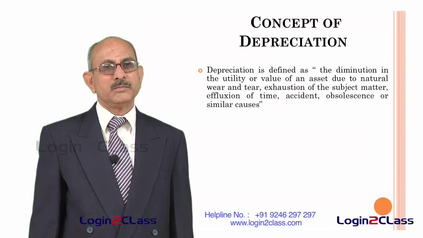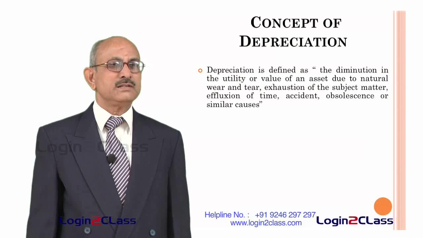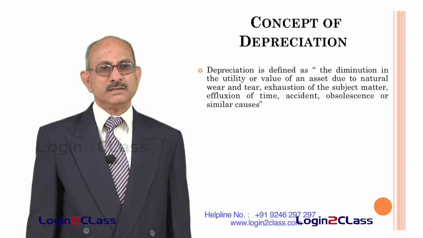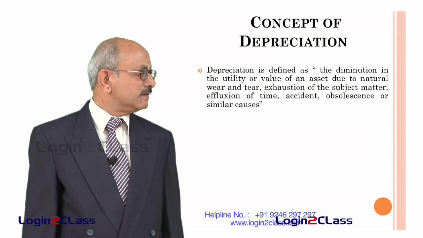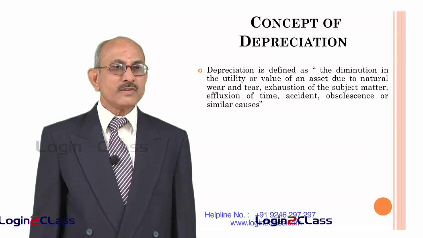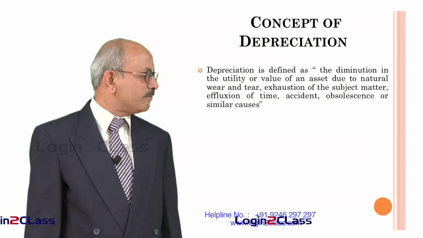And accident, because of accident also it may lose its value. And finally obsolescence or similar causes. That means the particular asset may become obsolete, in which case the value will obviously go down much faster. So these are the various factors on account of which any asset loses its value over a period of time.